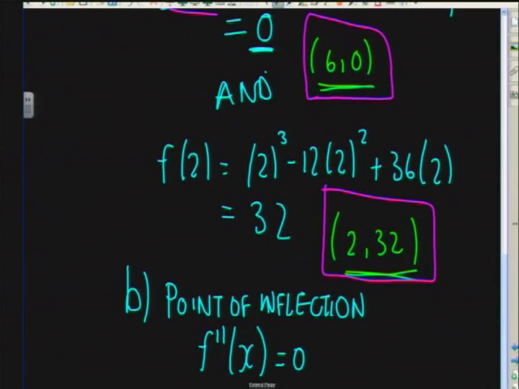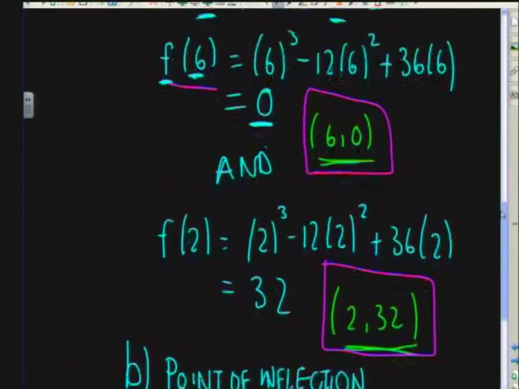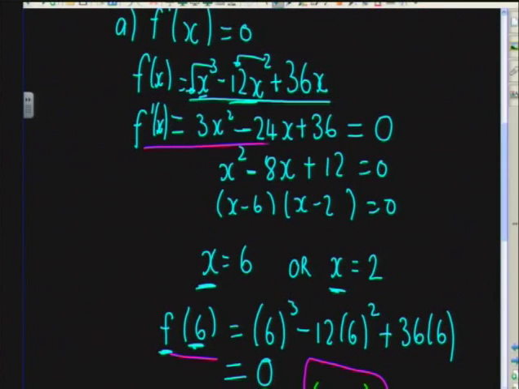All right. The second part of the question, part B, asked us to find the point of inflection. Now remember, if you're looking for a point of inflection, it's where your second derivative is equal to 0. So all we do is we take the first derivative. Remember, don't derive again from the start because you've already got that done.